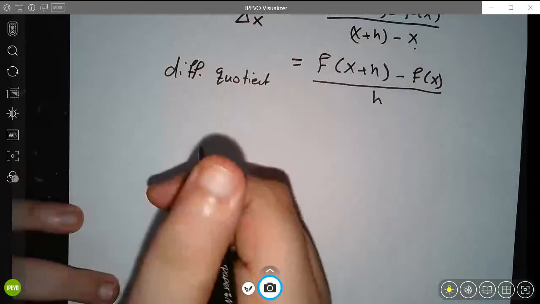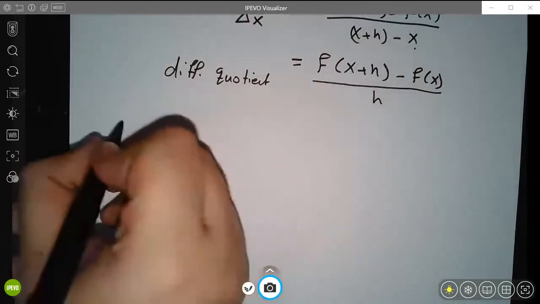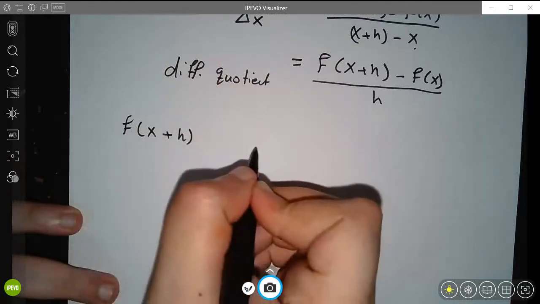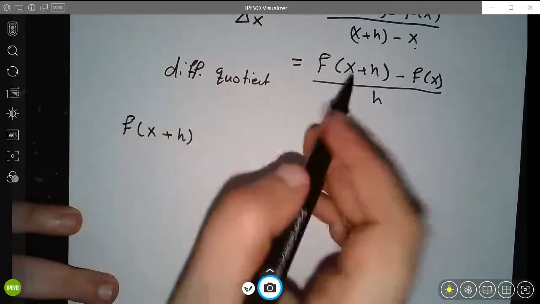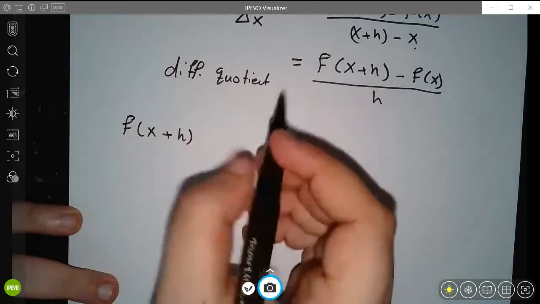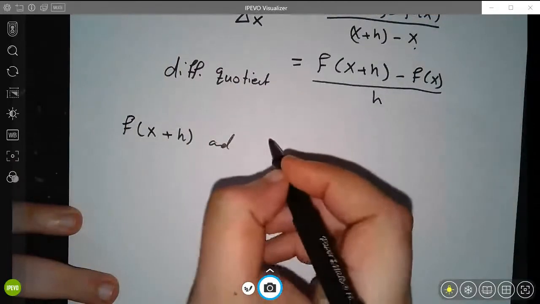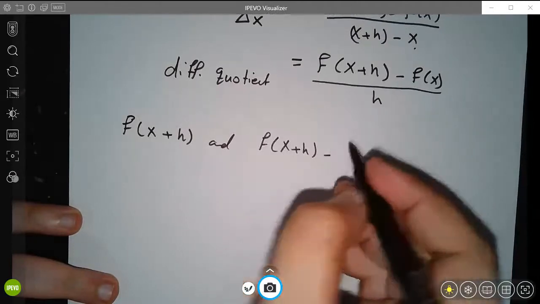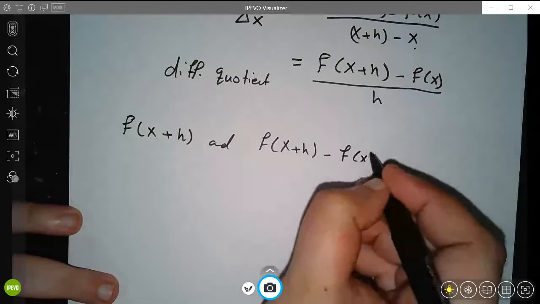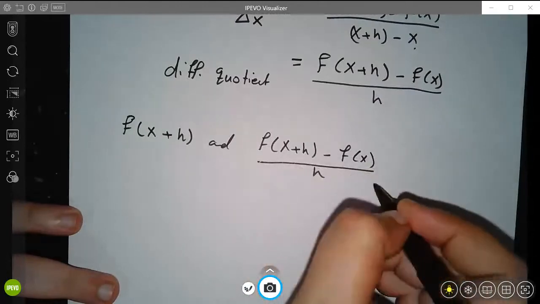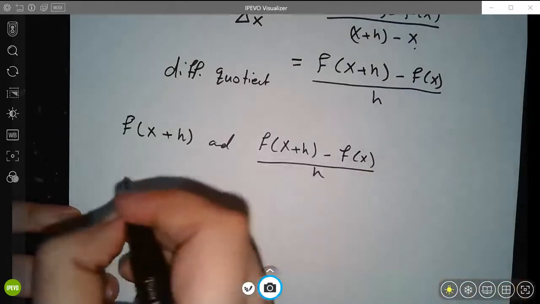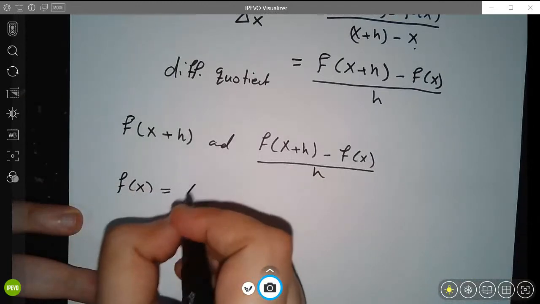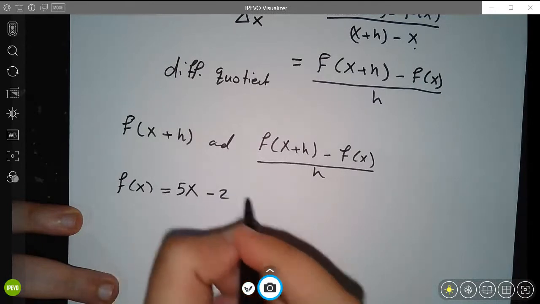For example, the question says, find f of x plus h, which is the second value, and f of x plus h minus f of x over h for this function right here, which is f of x equals 5x minus 2.